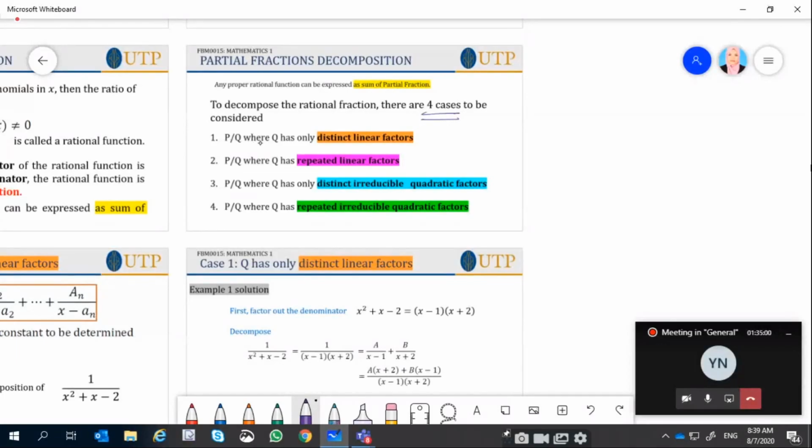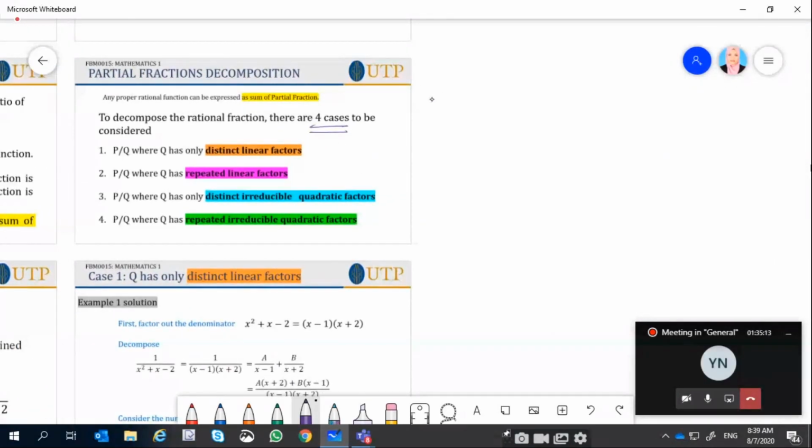The first case is when the denominator part has only distinct linear factors. Distinct linear factors mean different linear factors. For example, for case 1, you have 1 over s minus 1, s plus 7.